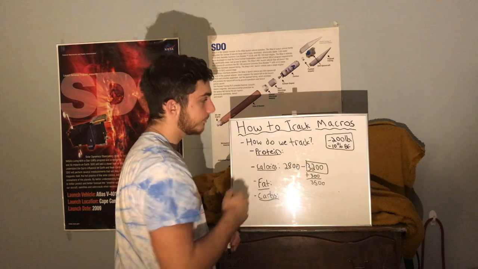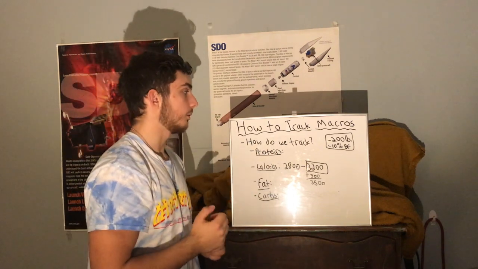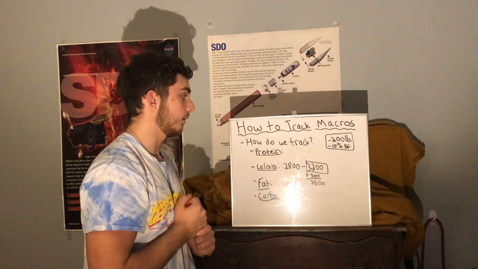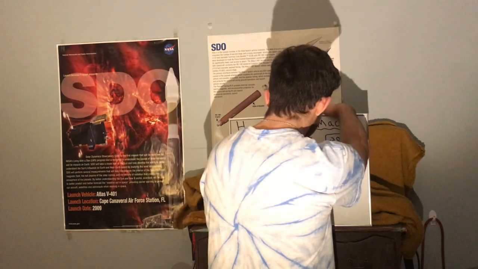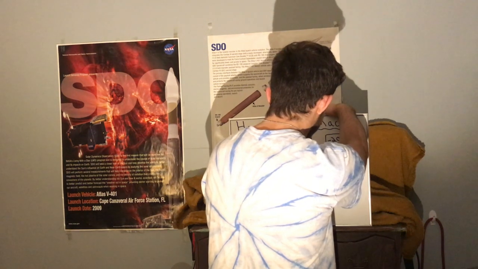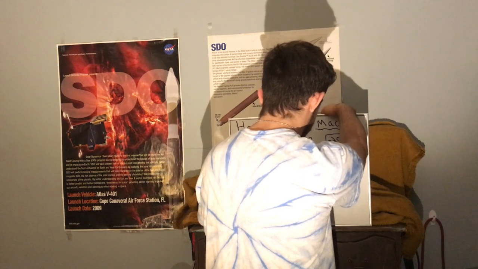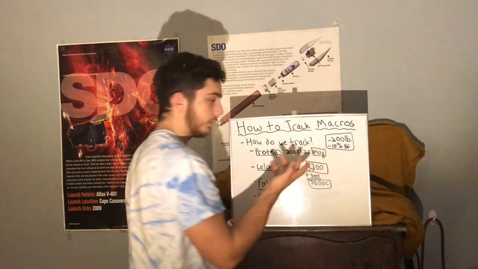So for protein, we're going to take 200 pounds, and because they're leaner, we're going to multiply it by 1.2. 240 grams of protein per day. Now we got that.